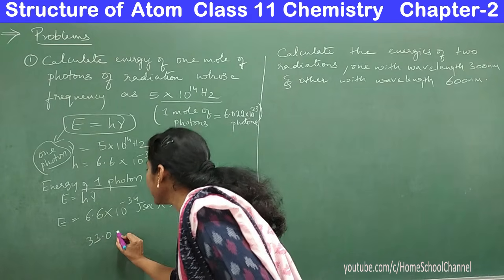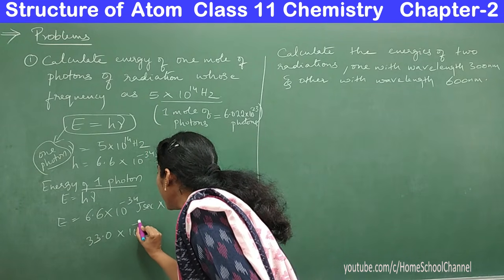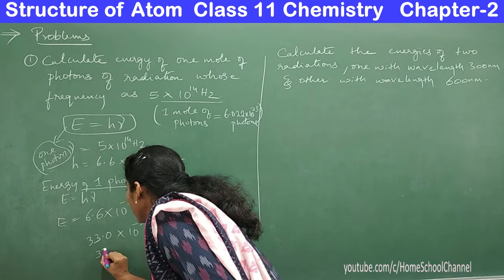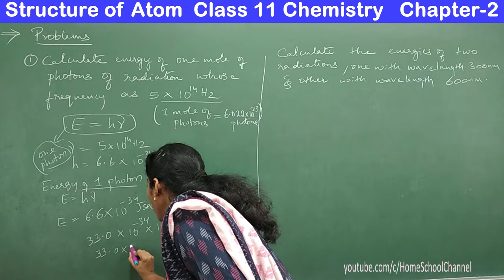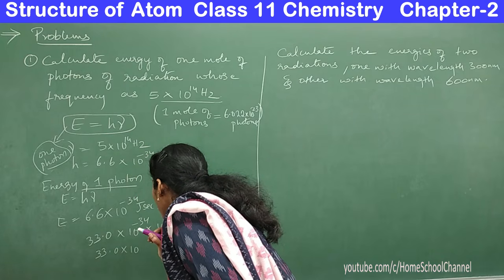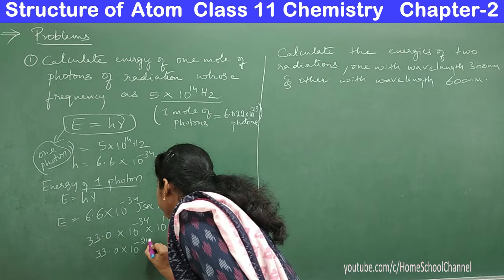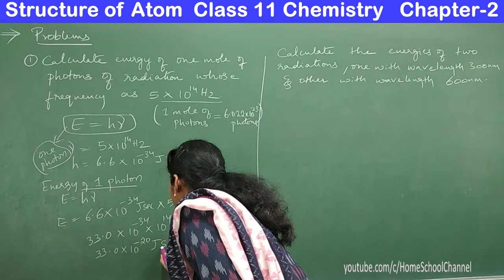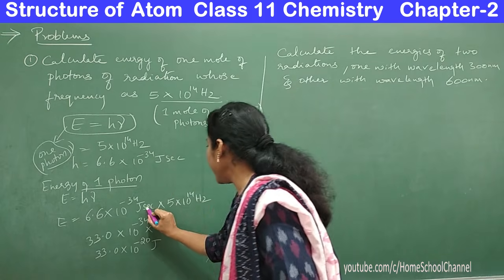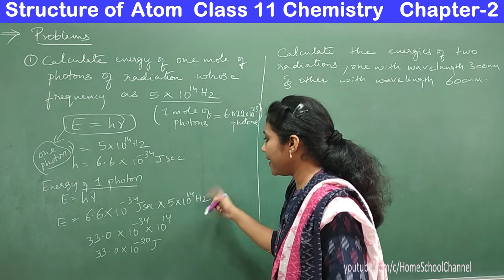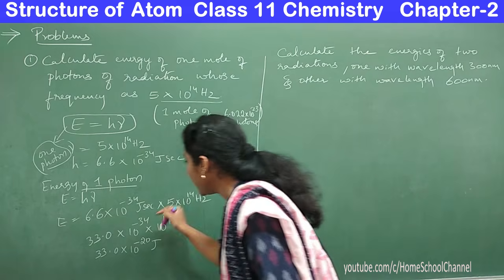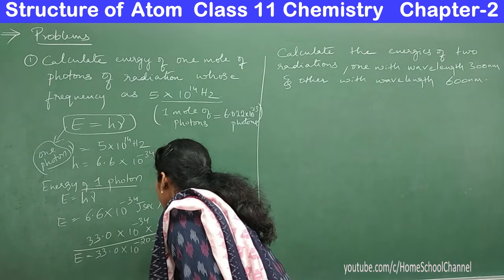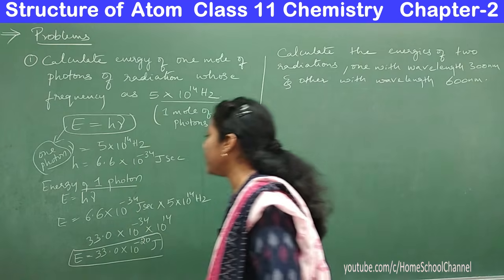So you will get 33.0 into 10 power minus 34 into 10 power 14, so almost 33.0 into 10 power minus 20. The unit is joule second into second inverse, so they will get cancelled and you will get your energy in joules. So this is the energy of one photon, right?